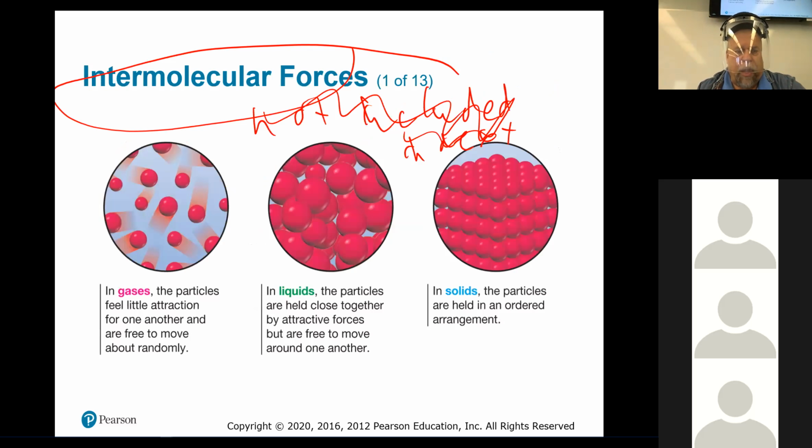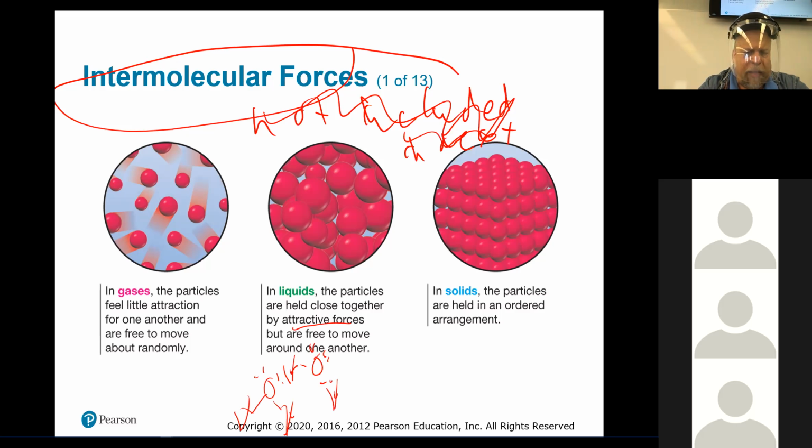Now, intermolecular forces. In gases, the particles feel very little attraction to one another and are free to move around. In liquids, they are held together by attractive forces, and those attractive forces would be like these between the water molecules. You get the hydrogen over here, and then another water molecule over here.